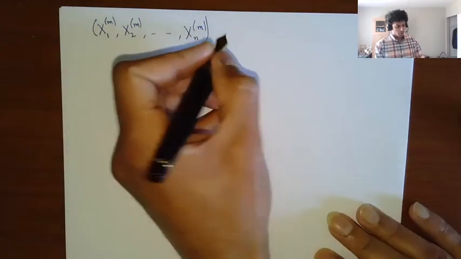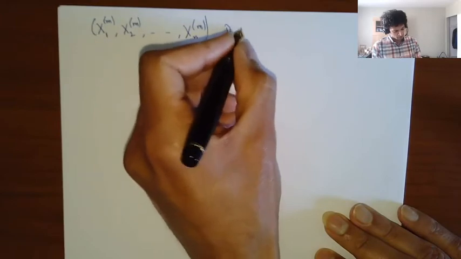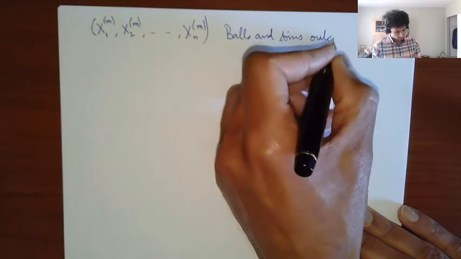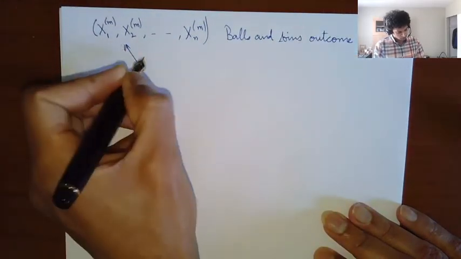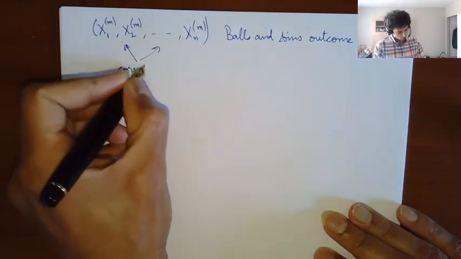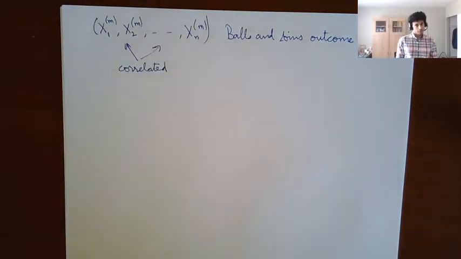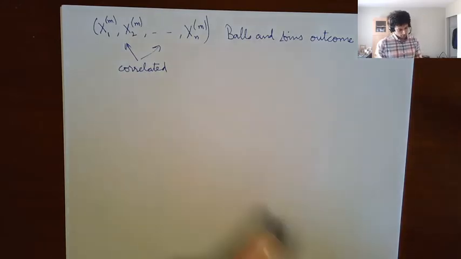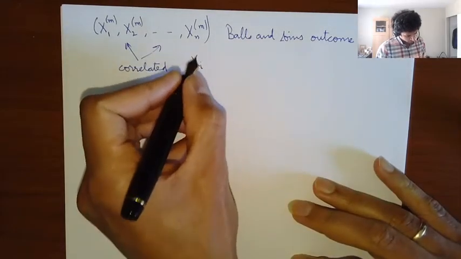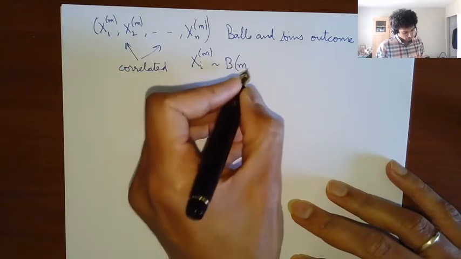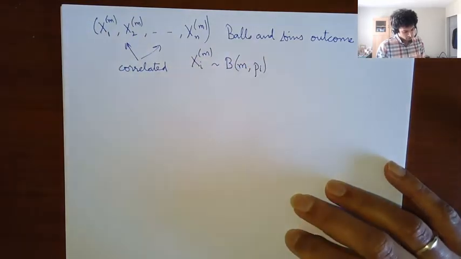This is describing the balls and bins outcome. So naturally, these are correlated. These are not independent random variables. Each of them individually comes from a binomial, but they're all correlated, right? And just recall that X_i(m) can be thought of as a draw from the binomial(m, p_i).